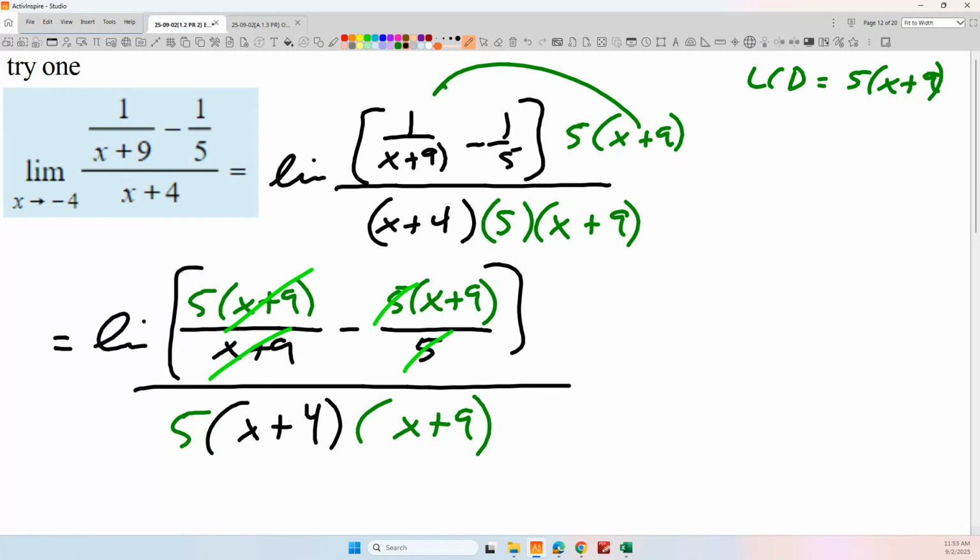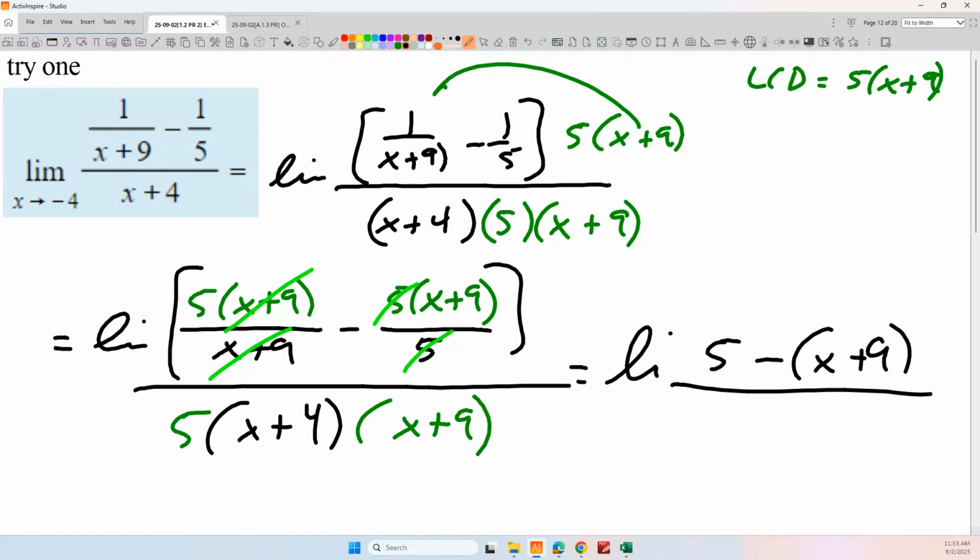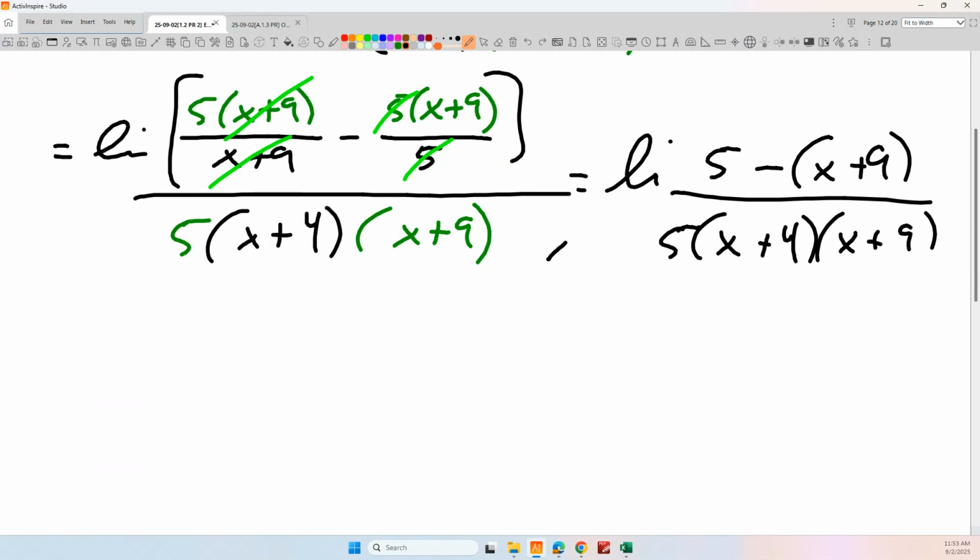So what's that give us then? Now we've got, on the top, the limit of 5 minus the quantity x plus 9 divided by, on the bottom, that big old mess: 5 times the quantity x plus 4 times the quantity x plus 9 as x approaches negative 4. Well, on the top, what do I get?